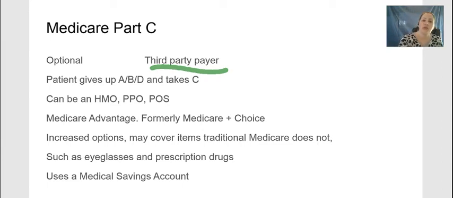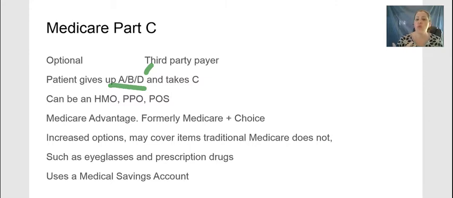What happens with this Medicare Part C is that the patient gives up their traditional AB and has C instead. They would also give up Part D, which we haven't gotten to yet. When they get a Part C, you get what you bought. It could be a HMO, it could be a PPO, it could be a POS.